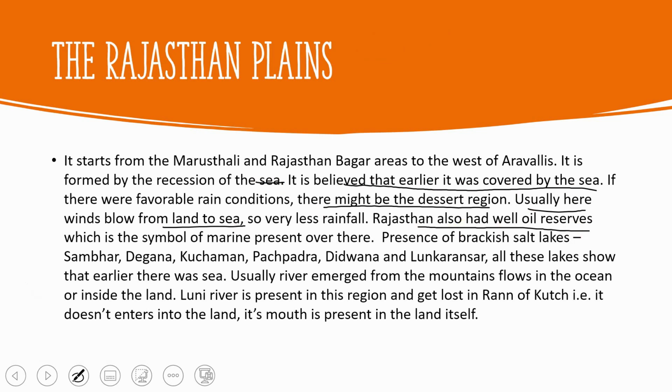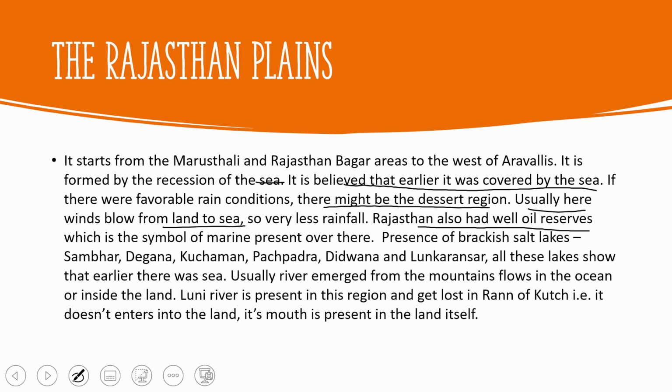Rajasthan also has oil reserves, which is a symbol of marine presence. Coal and petroleum form only when animals or fossils accumulate over a large period of time. So if we are getting oil in the Rajasthan regions, this symbolizes that marine animals were present there.